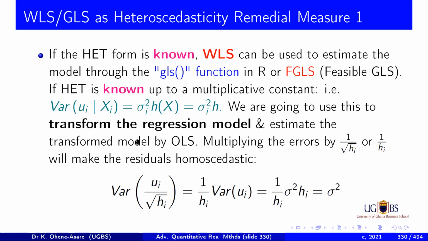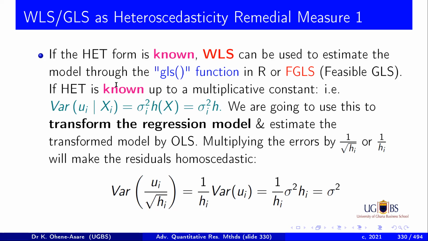So let's start. Weighted least squares, or GLS. If the heteroscedasticity form is known, and I'll explain later on what I mean by known, then the weighted least squares can be used to estimate the model using a function in R called the GLS function, or a feasible GLS will be estimated. When I say it is known, it is because you calculated it, you found it.